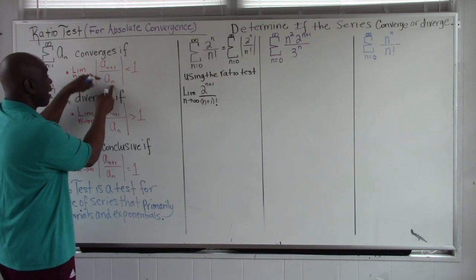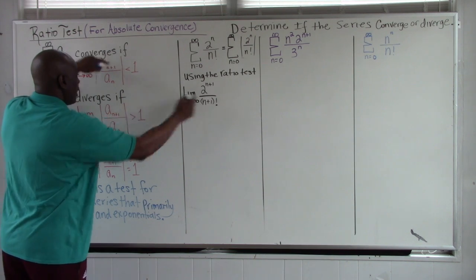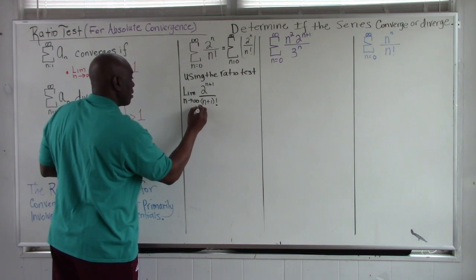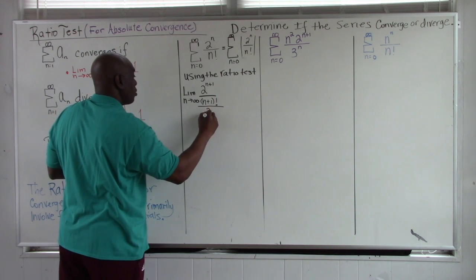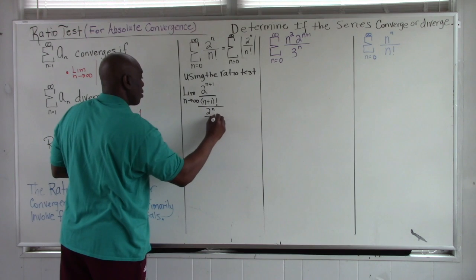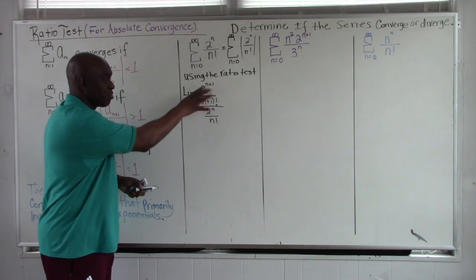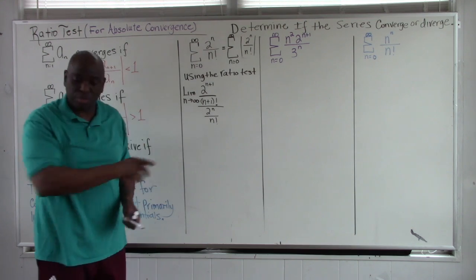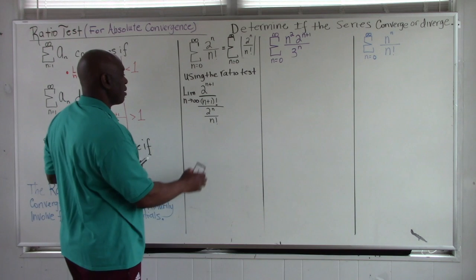Instead of writing the expression with 2 to the n over n factorial underneath, that's doing too much, so I'm not going to write it like that. I'm going to erase that. Here's how I want you to understand it and write it.